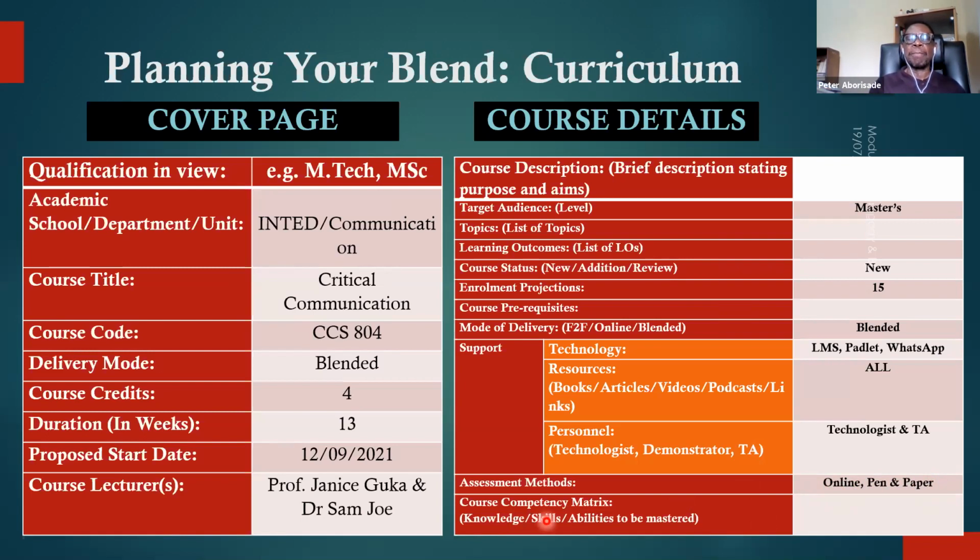All the abilities to be mastered, make a list of them. That's why I said earlier on, this is going to be much more than the cover page and may run to several pages, but it should be of help to anybody who will be using that.